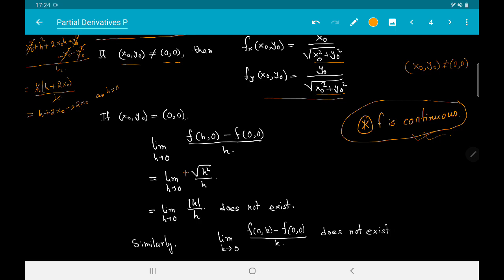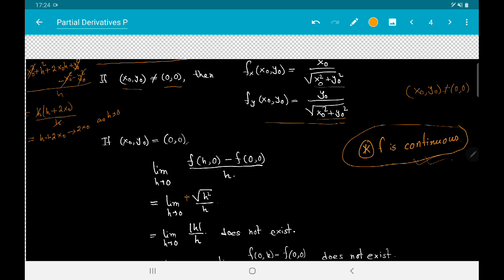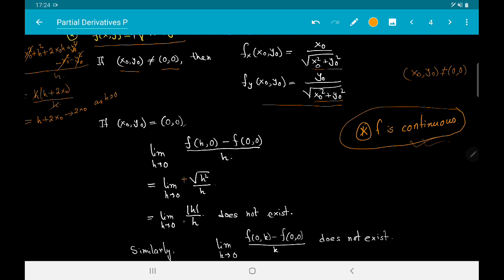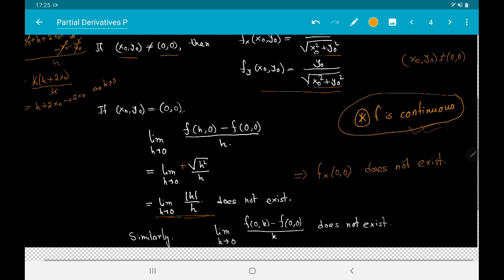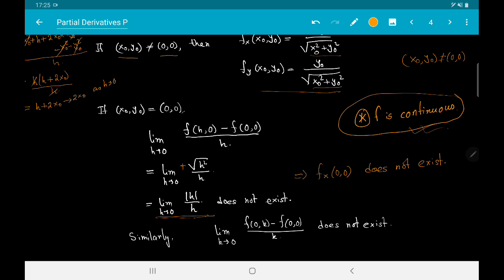F of 0 0 is equal to 0, as you can see, and it would turn out that this is equal to limit of modulus h divided by h, and you have seen in your calculus 1 that this limit does not exist, and this implies that fx at 0 0 does not exist. Now similar calculation will show you that fy at 0 0 does not exist.